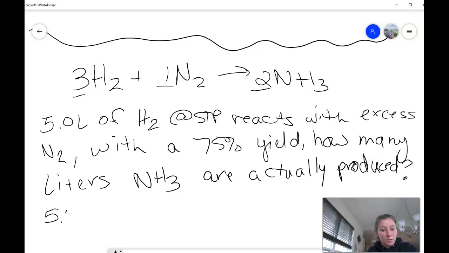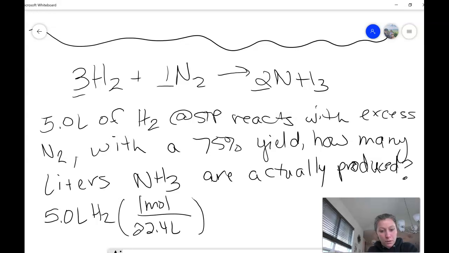So let's start by doing our theoretical yield. So I've got hydrogen. What's the conversion from liters to moles? 22.4 liters is 1 mole. And this is of hydrogen.